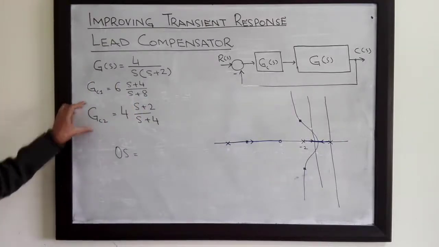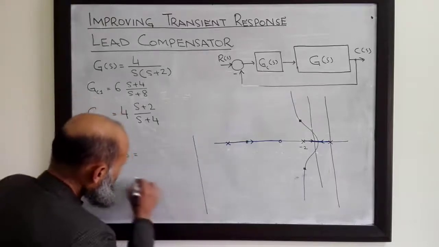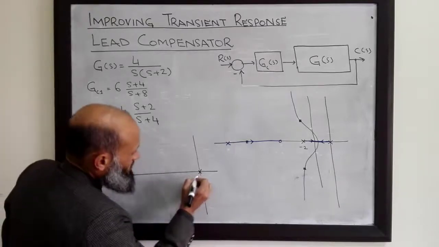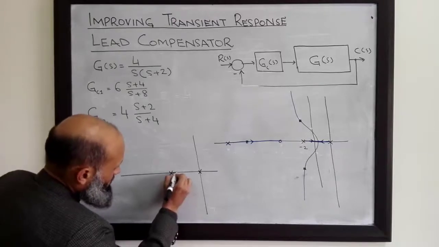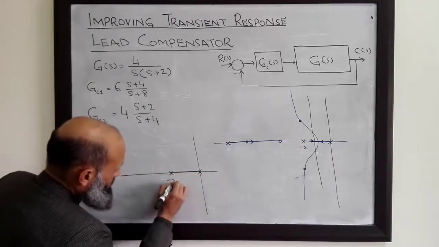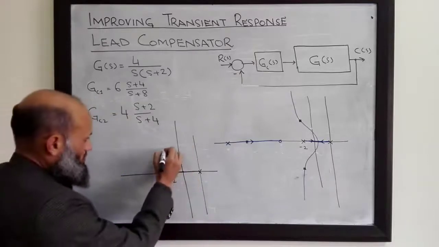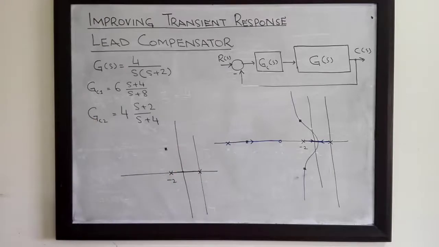For the case of the second compensator, we have this situation. We have a pole of the actual system and another pole of the actual system at s equal to minus 2, and this was the actual root locus. The desired closed loop poles were at this location.